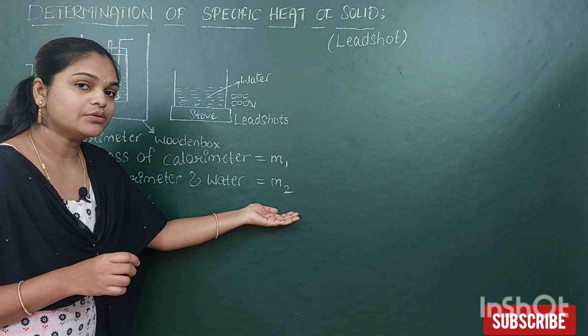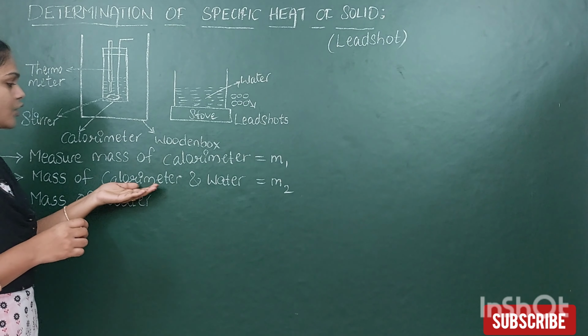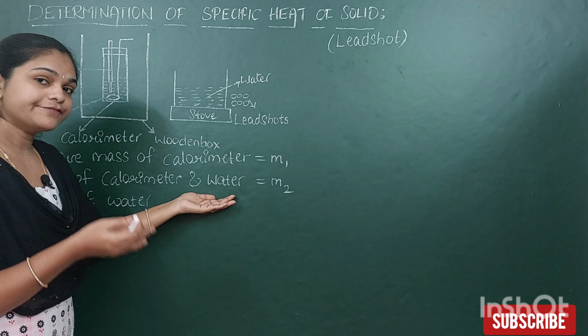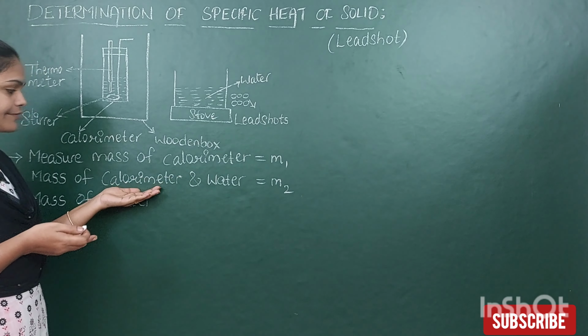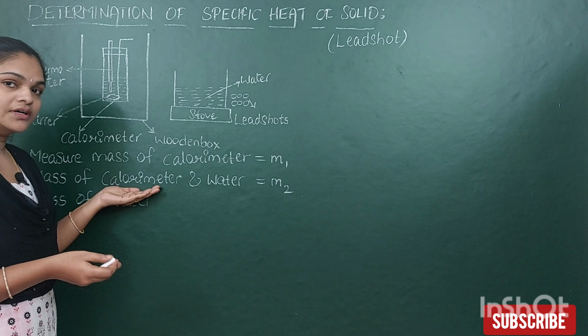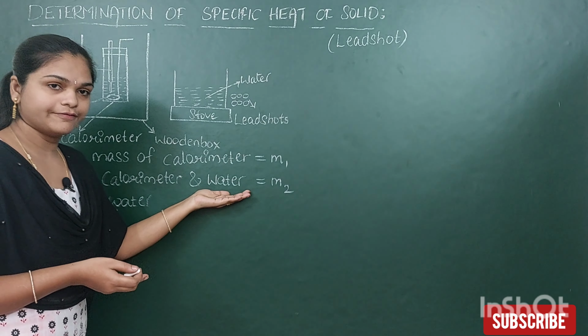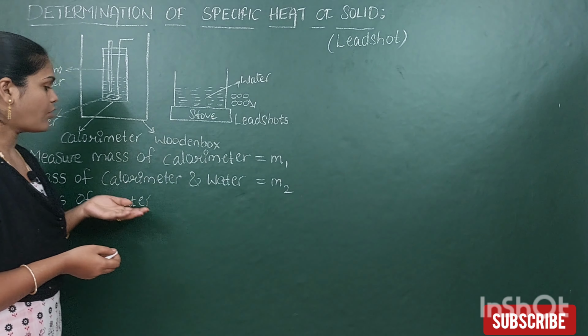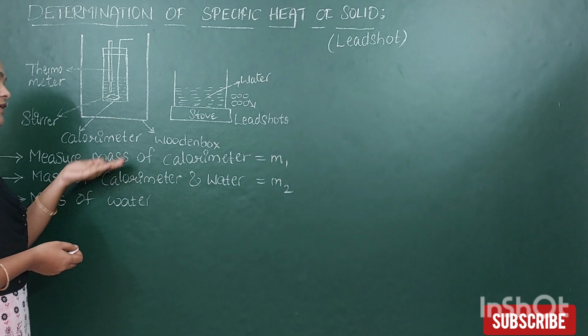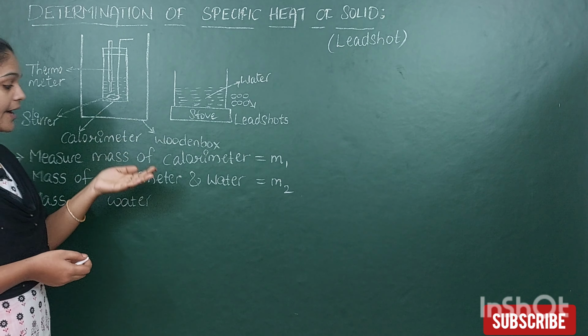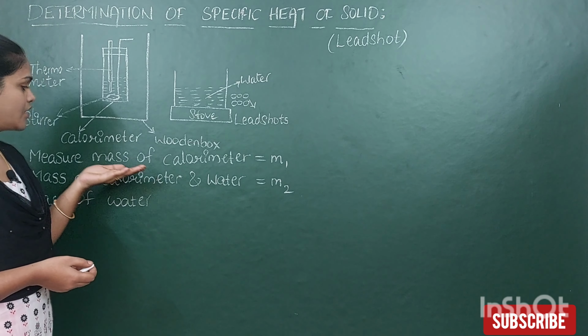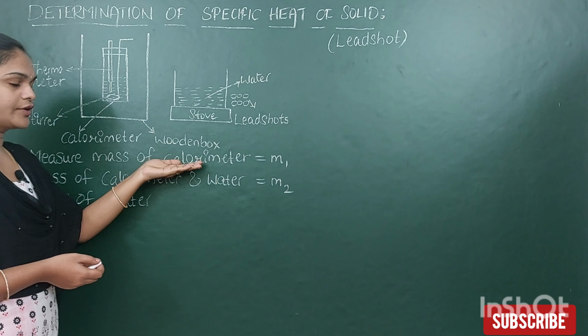That means if you subtract the mass of the calorimeter from the mass of calorimeter and water, you are going to attain the mass of water. Yes, so you have measured the mass of calorimeter and water, and you also measured the mass of the calorimeter.